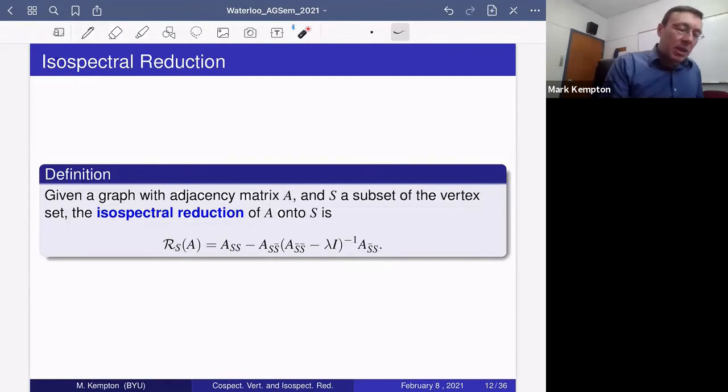Here lambda is just some indeterminate, some variable that we're sticking in the matrix. And this is what we call the isospectral reduction.